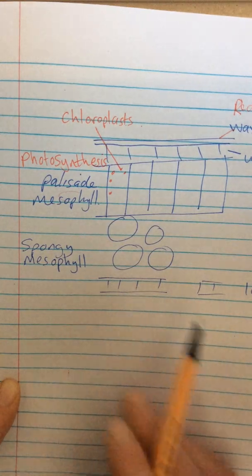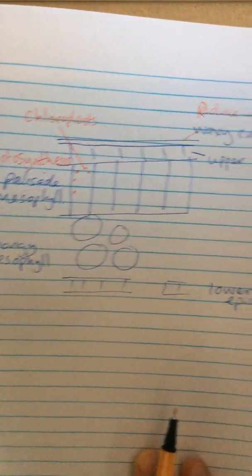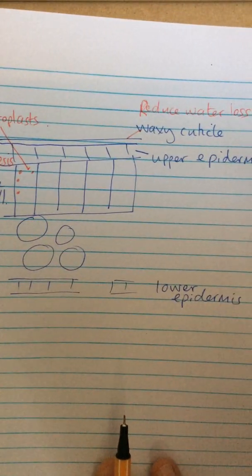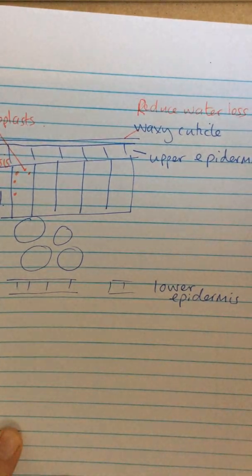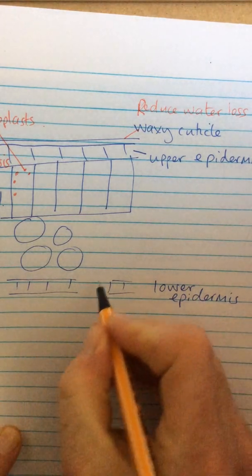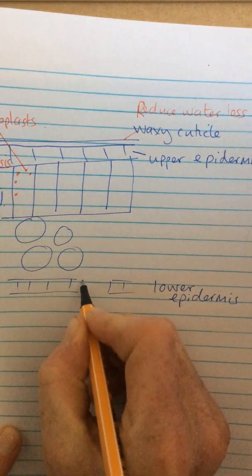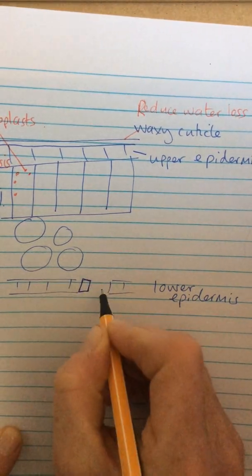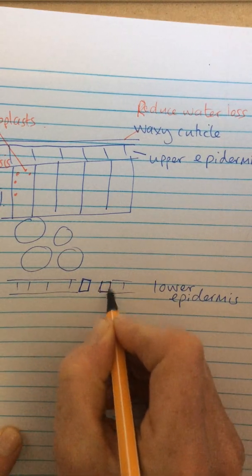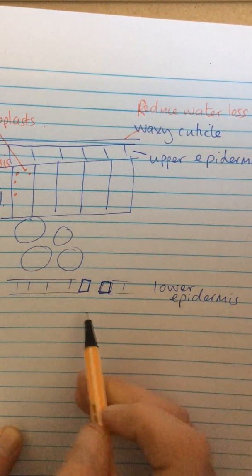There are two more parts, though, that I really wanted to add and to explain to you. Now, the first one is right down in the middle of the lower epidermis. So I left a gap. That's because the bottom of the leaf actually has a gap.